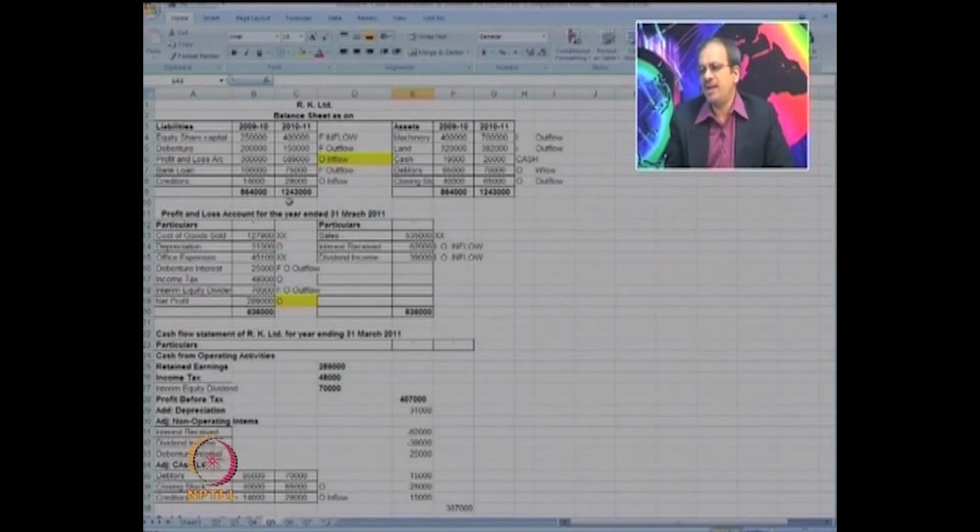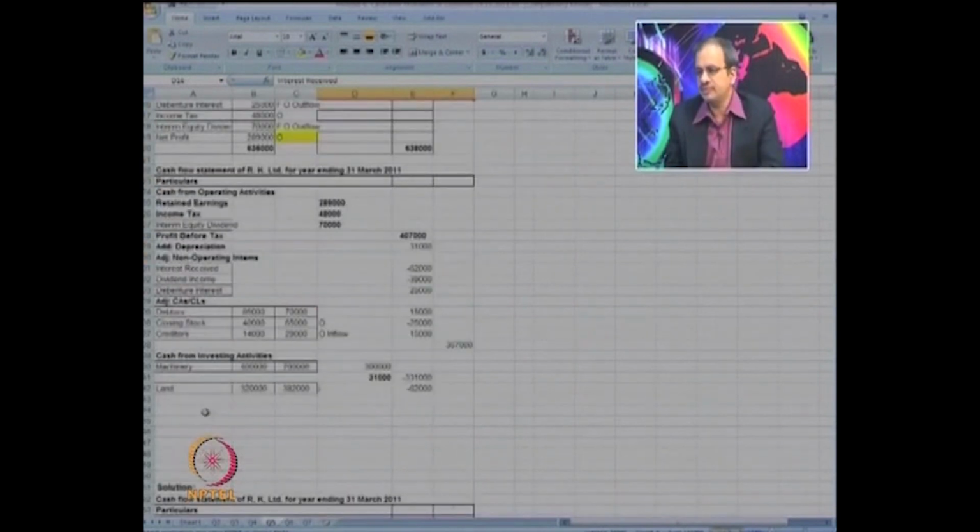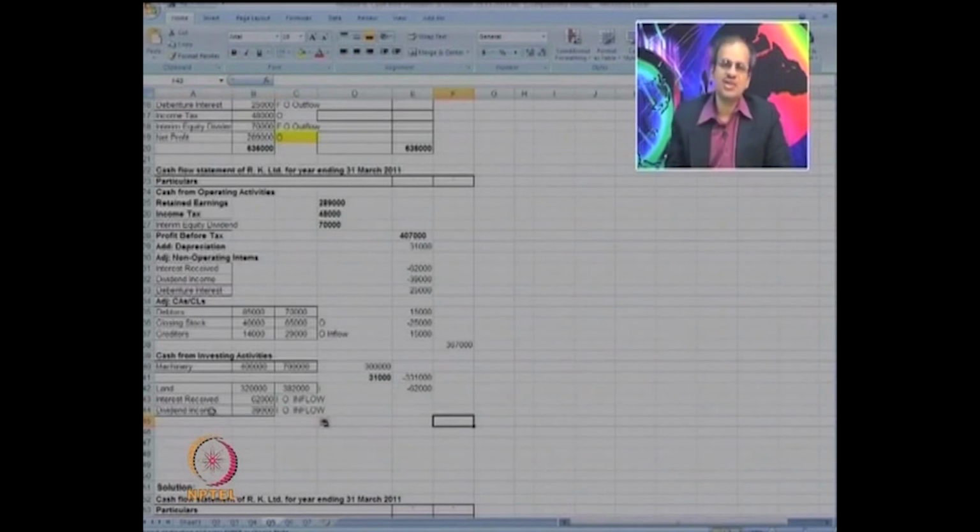Now take a look at P&L. See if there is any item which is marked as I. So you will observe two items. One is interest received and the other is dividend income. So I will just paste them first. Interest received was 62,000. It is an IO.